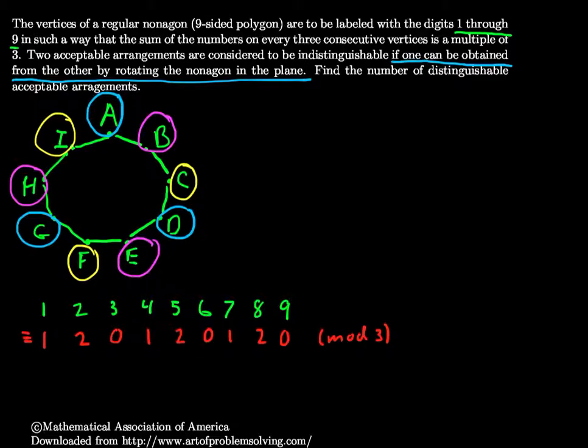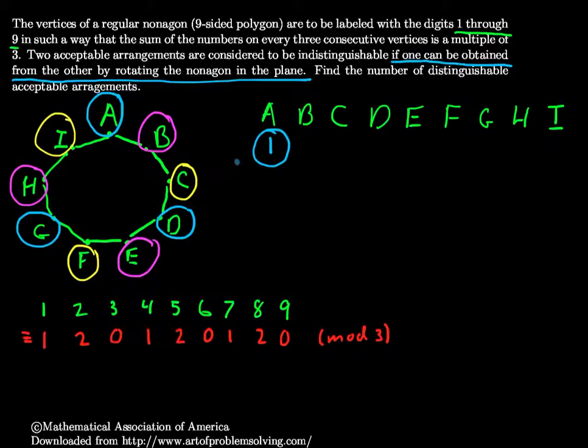Okay, so here's how we're going to do this. I have A, B, C, D, E, F, G, H, and I. And I'm going to automatically set this as not just 1 mod 3, but the number 1 itself.